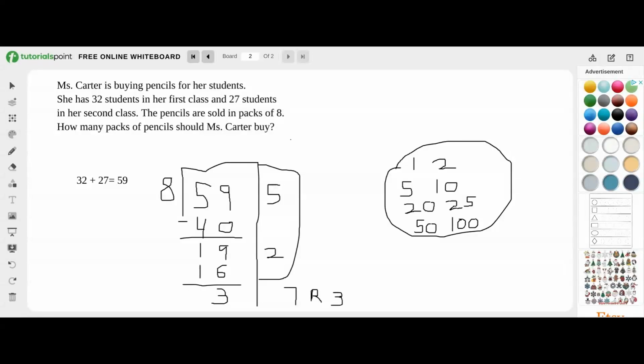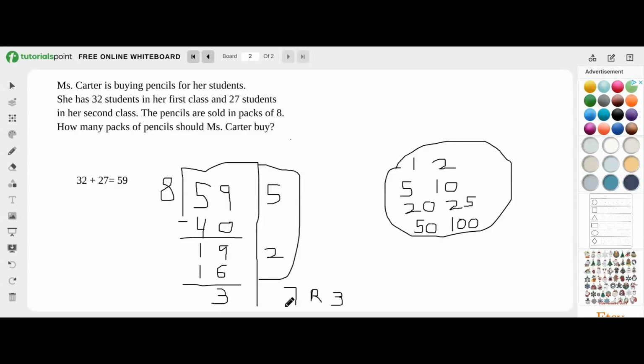So here's the next catch that happens on the test. The students had an answer choice of 7 packs of pencils they needed to buy or 8 packs of pencils. And a lot of kids in class chose 7.